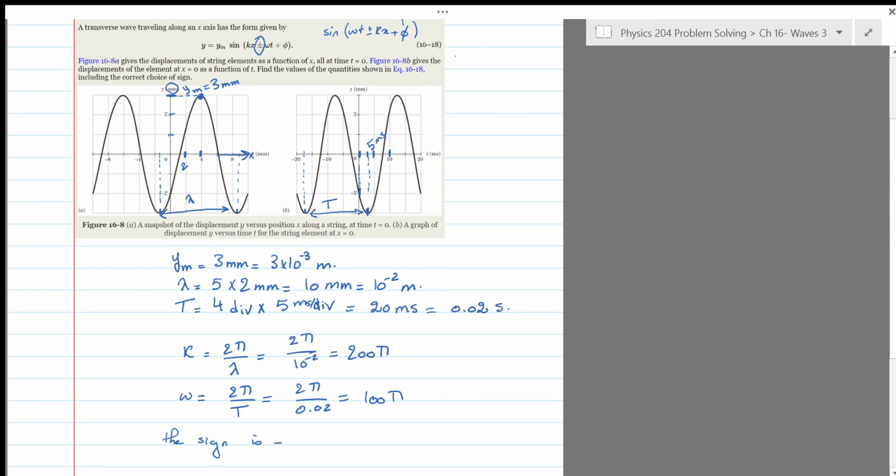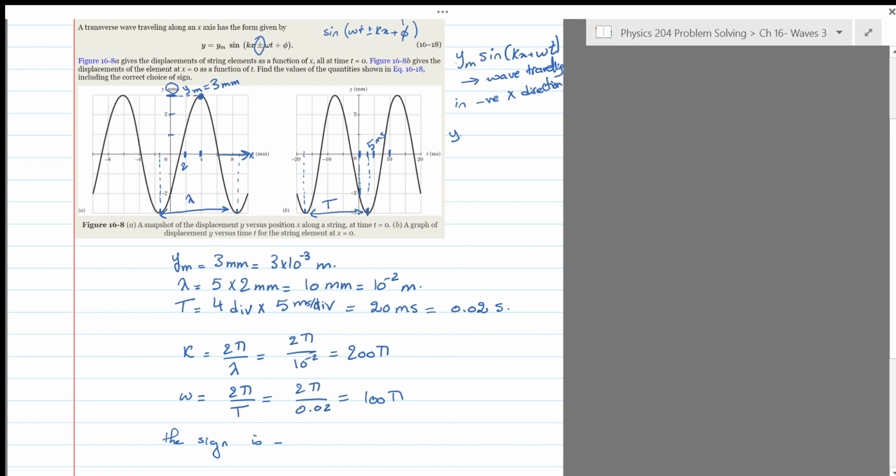Like we said, if the equation is ym sine kx plus omega t, this means that this is a wave traveling in the negative x direction.